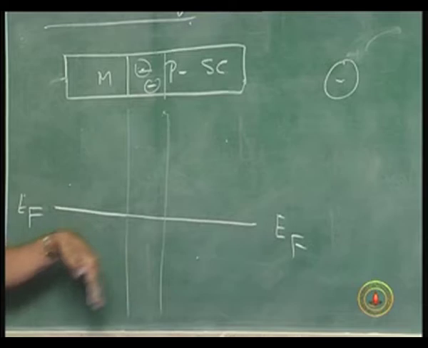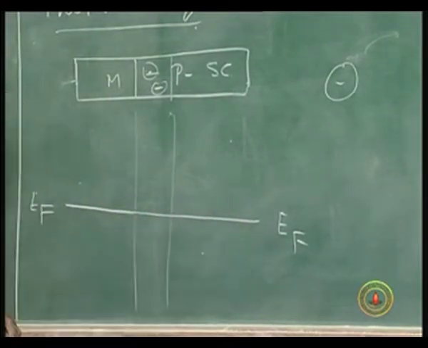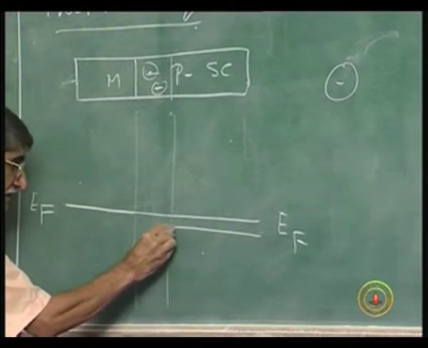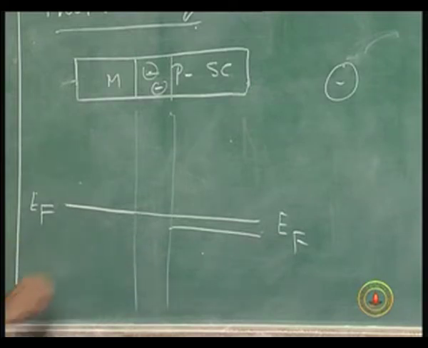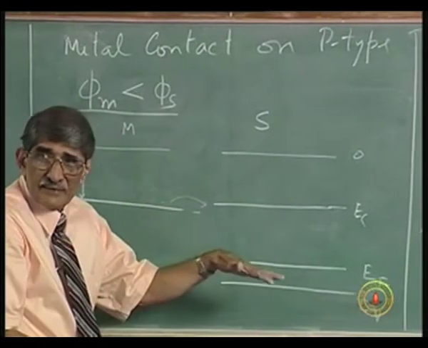Once you draw the Fermi level, it is very easy. You know that this portion is flat, and that is the valence band, which comes flat like this. This is negatively charged, which means there is an electric field in that direction. Electrons have moved over there, so there is an electric field from left to right.